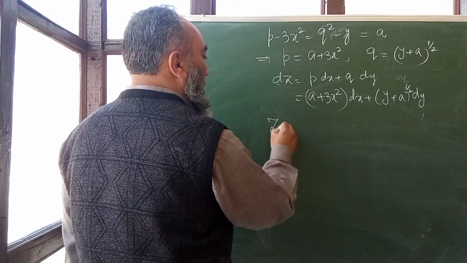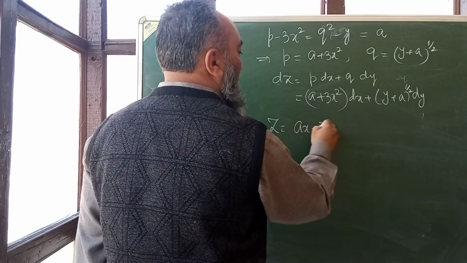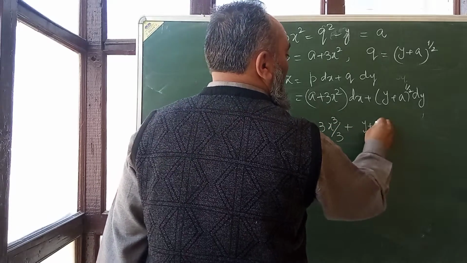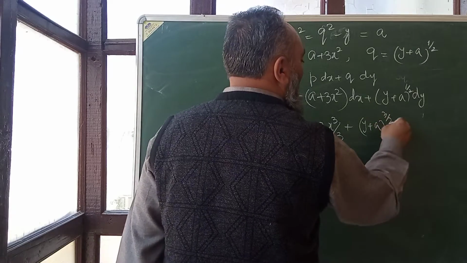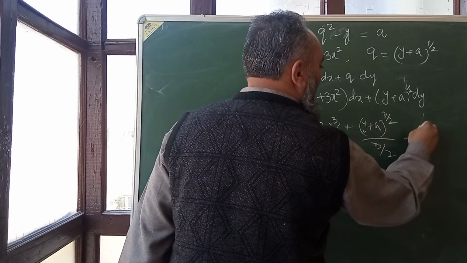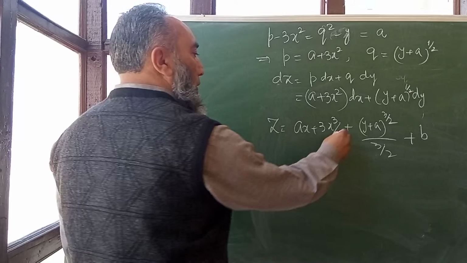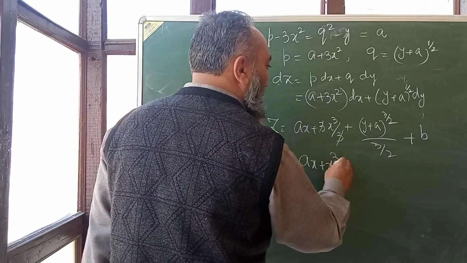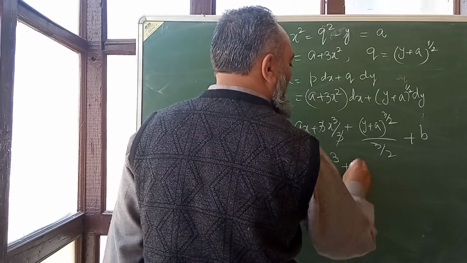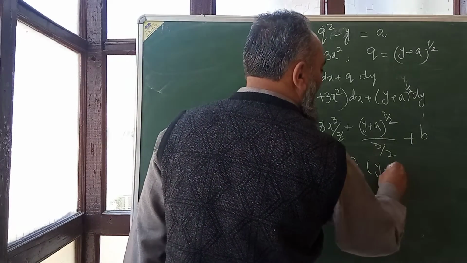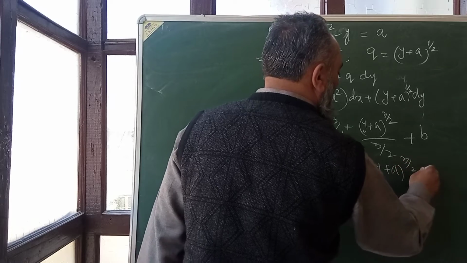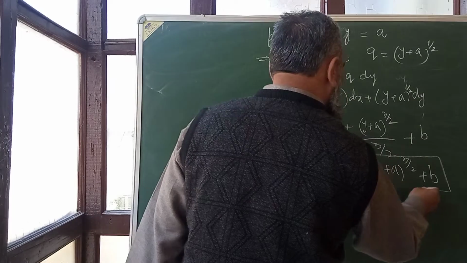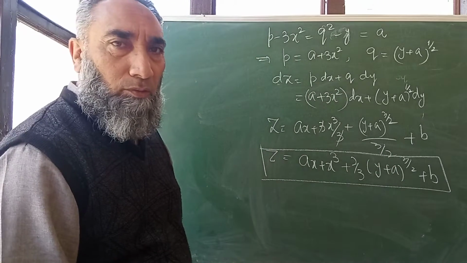Your z is equal to ax plus 3x cube by 3 plus y plus a raised to power 3 by 2 divided by 3 by 2 plus some constant of integration b. So this is ax plus x cube plus 2 by 3 y plus a raised to power 3 by 2 plus b. This is the complete solution containing as many constants as the number of independent variables.